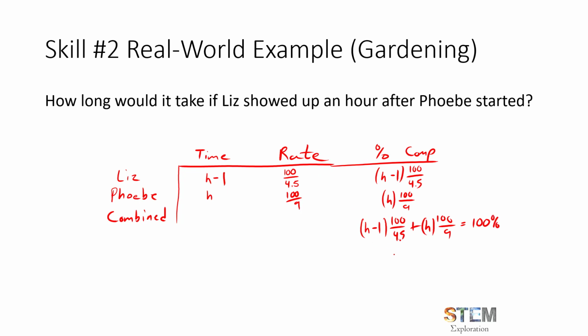And so all we really need to do here, we know this is 22.2 approximately. So this is 22.2h minus 22.2 plus 11.1h is all equal to 100.